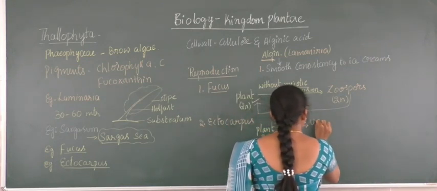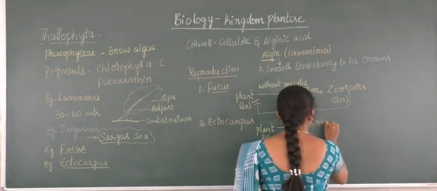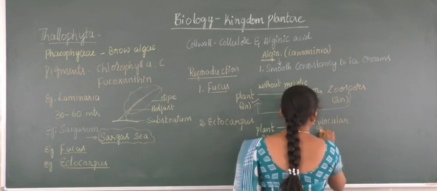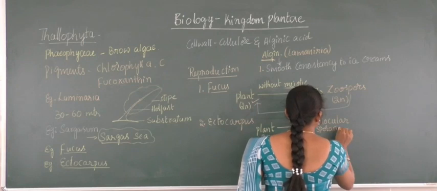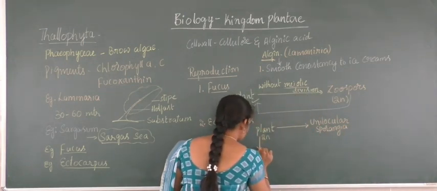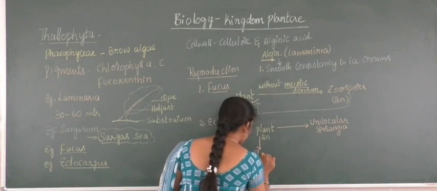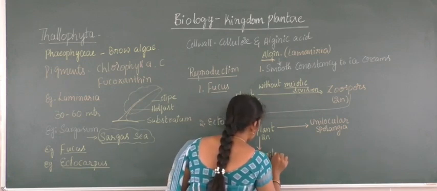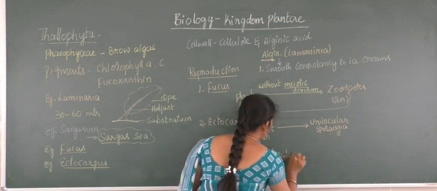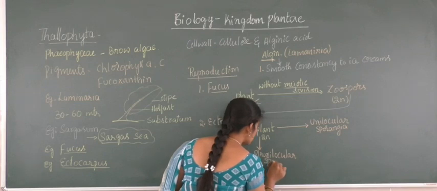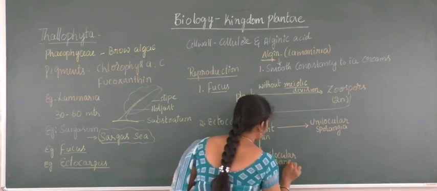One is unilocular sporangia, and the other is plurilocular, or it is also called multilocular sporangia.